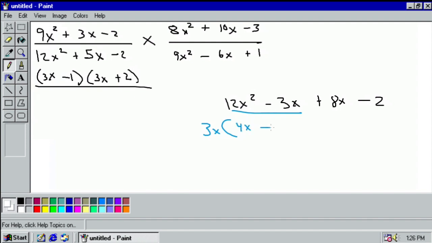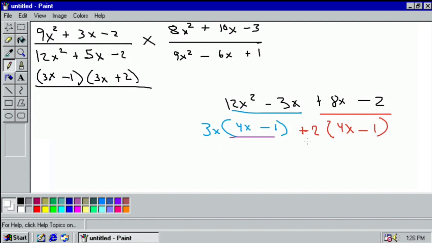Negative 3x divided by 3x is negative 1. And for this part, we have a factor of positive 2. 8x divided by 2 is 4x. Negative 2 divided by positive 2 is negative 1.